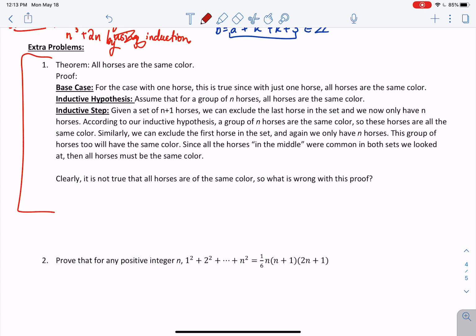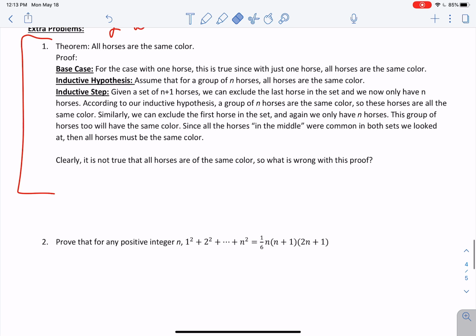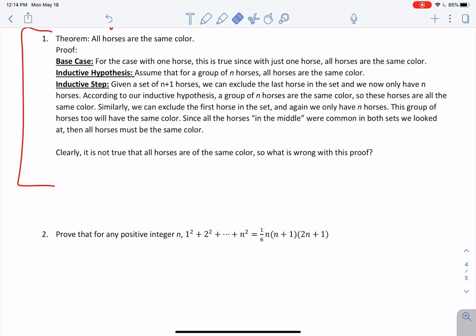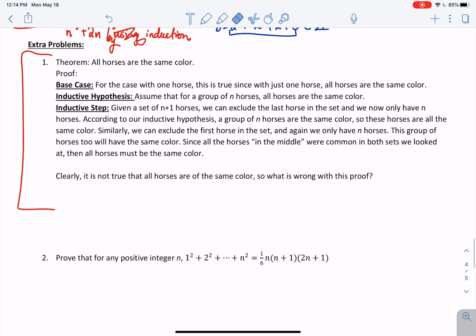It's a weird induction proof that proves that every horse in the world is the same color, and I want you to tell me what is wrong in that induction that I did. And then there's also this other proof that's more straightforward. It fits the types of proofs we've done, just another proof for you to do. So try these out on your own. If you do have answers to the horse question, you can let me know, and I can talk through it with you.